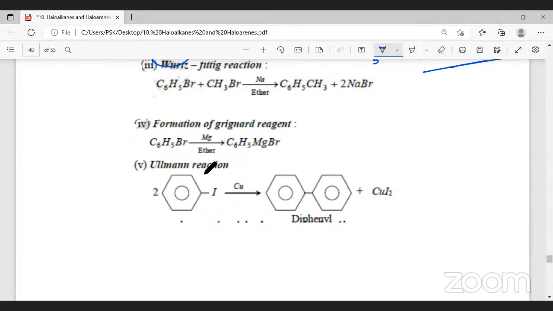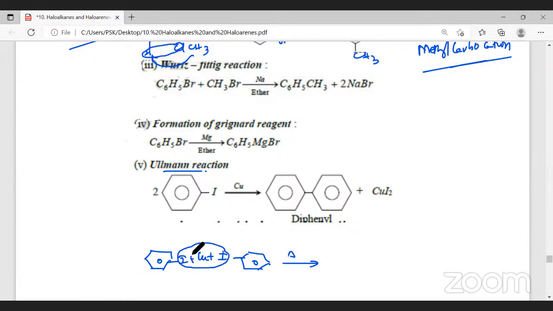Next is Ullmann's reaction. What is this Ullmann's reaction? This is iodobenzene, and this also is iodobenzene. When this iodobenzene is heated with copper, iodine and copper get eliminated as copper iodide, and two benzene rings get fused like this.